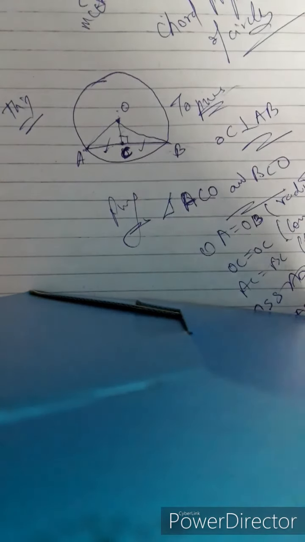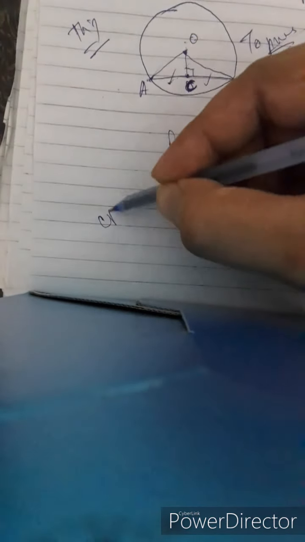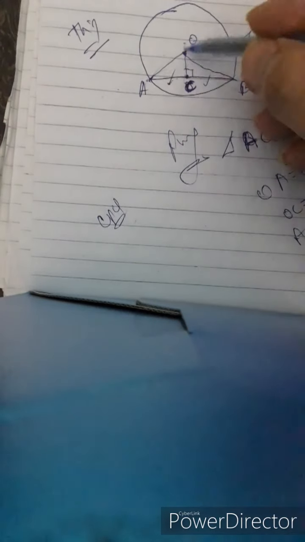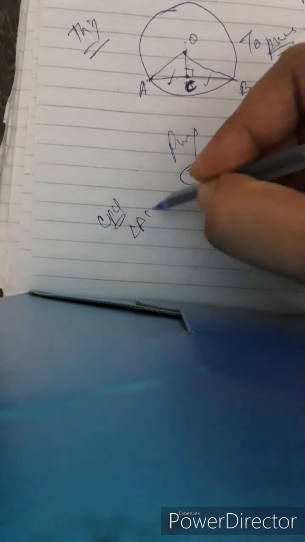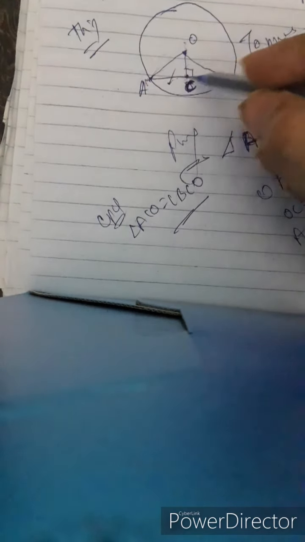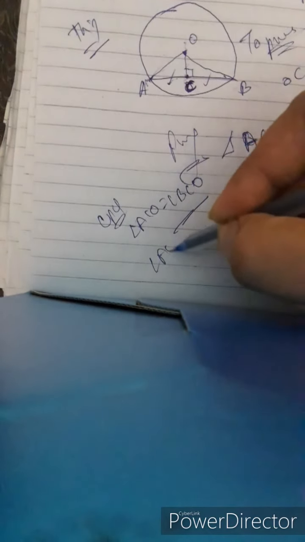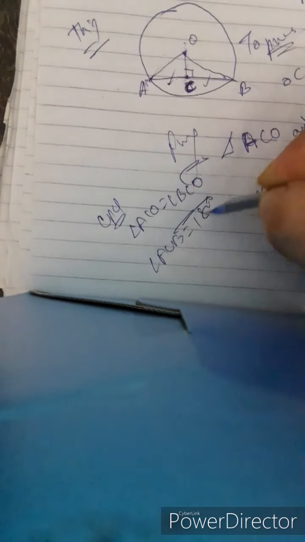After proving their congruency, we take by CPCT angle ACO equals angle BCO. But ACB is a straight line, ACB equals 180 degrees.